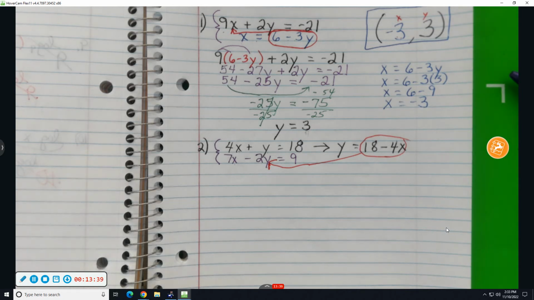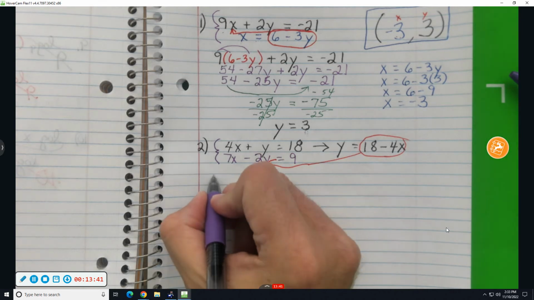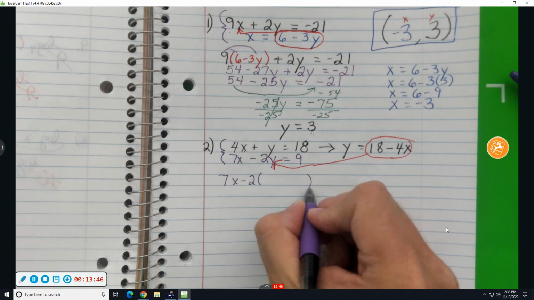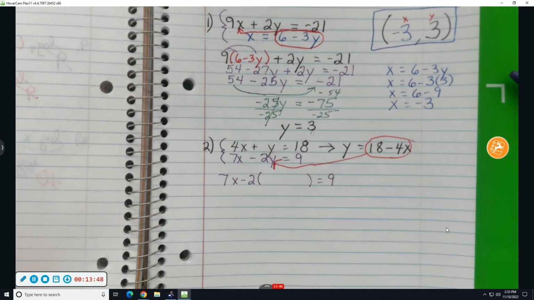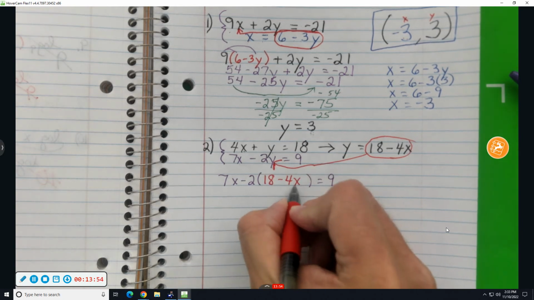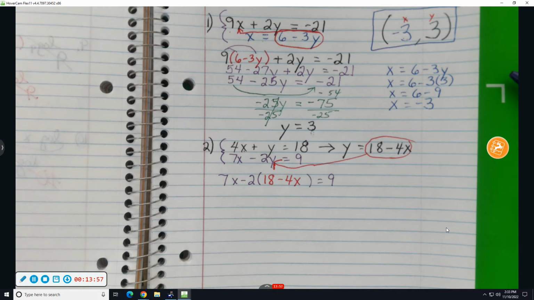So we have 7x minus 2 in place of the y. I'll put 18 minus 4x and go about, get rid of the parentheses, combine the x's, and isolate the x.